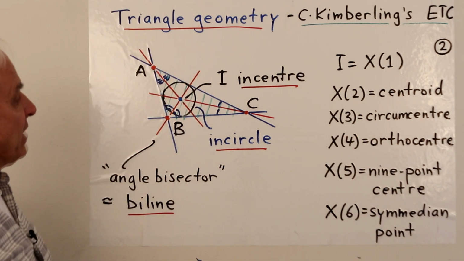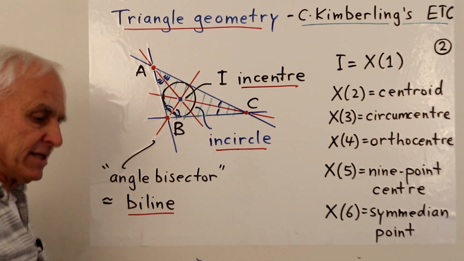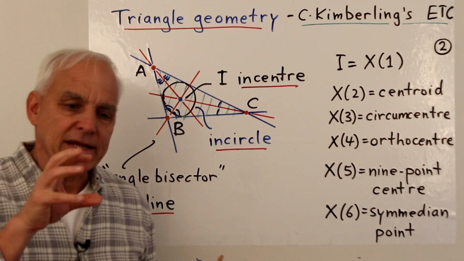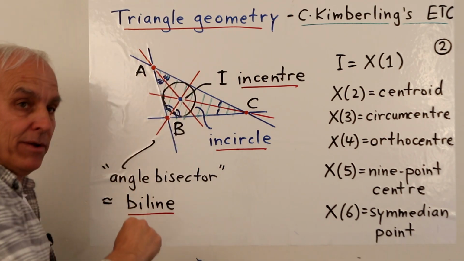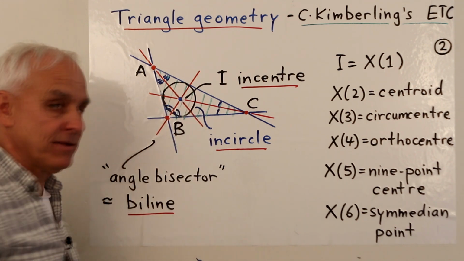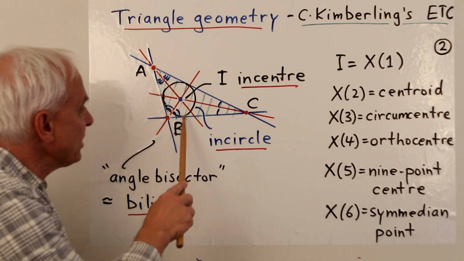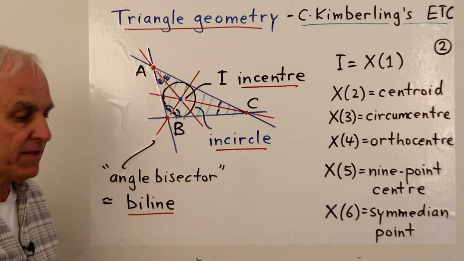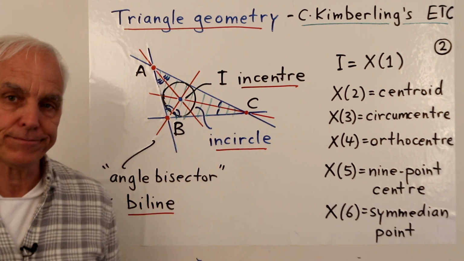So how do we get the incenter? Well, there it is for this triangle here. It's the point that has the property that you can inscribe a circle in the triangle with center at that point I. So that's the center of this circle here, which is inscribed in the triangle, meaning that it's tangent to the 3 sides of the triangle.